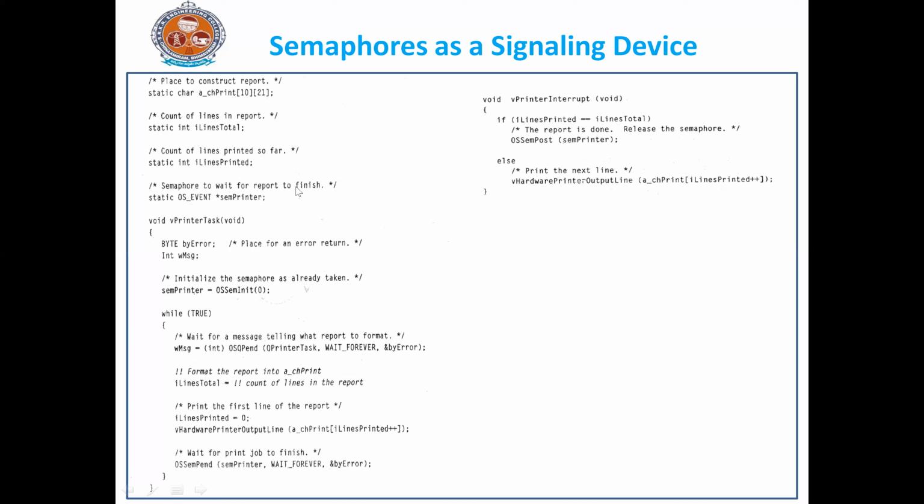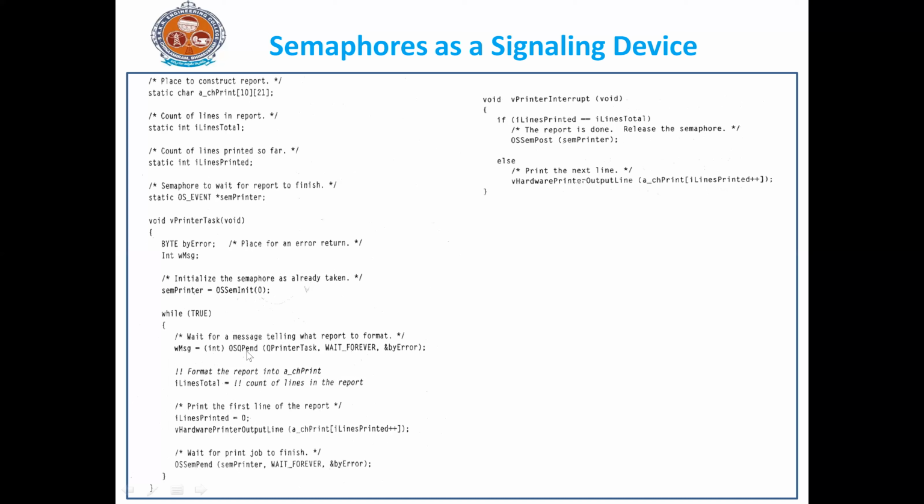And in this task, first of all you initialize the semaphore as already taken, and then wait for the message telling which report to format. Here you are waiting for the semaphore.